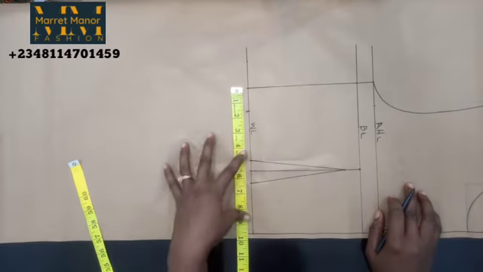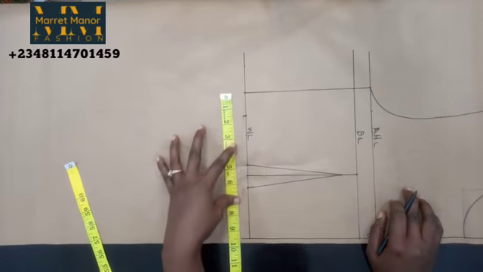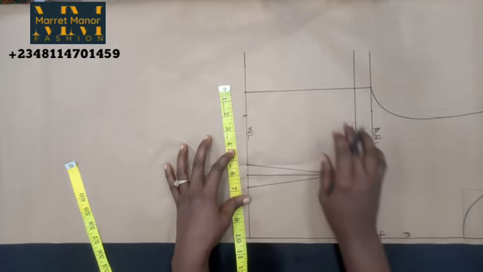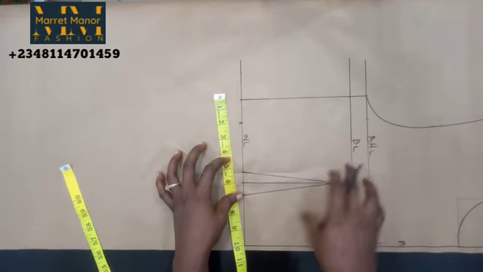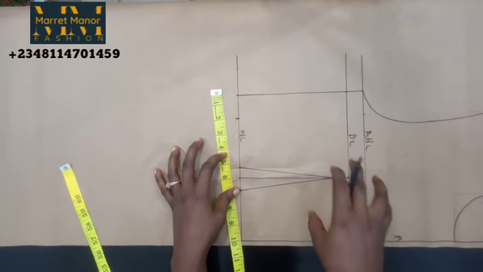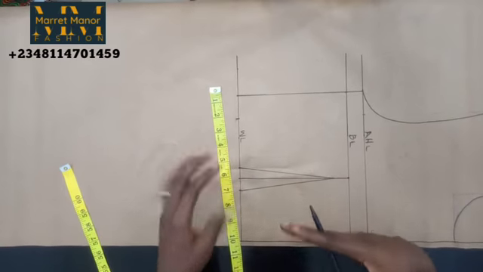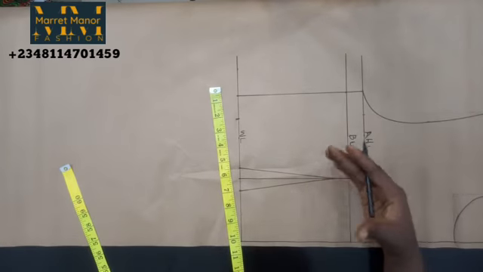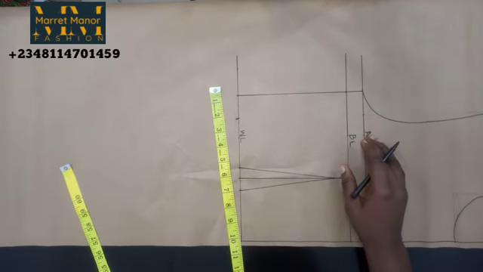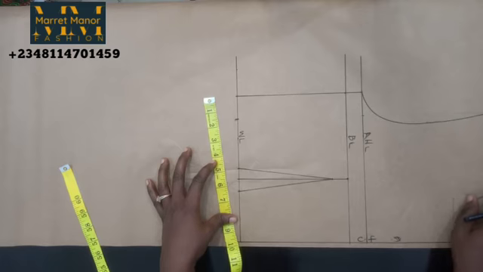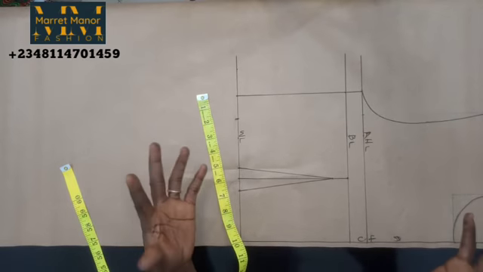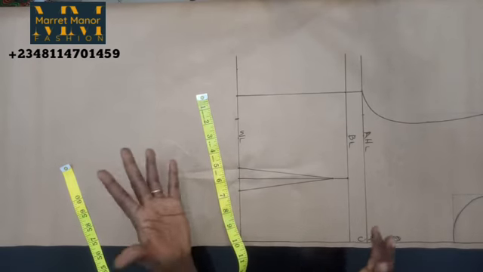We're almost done anyway. So the next thing you want to do is to create your side dart. Because we have busts in front of our body as females, the back is usually shorter than the front. The front is longer. So we don't use the same length to create a dress that fits the body perfectly.